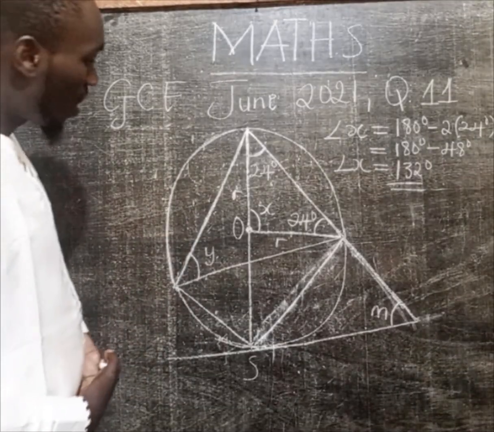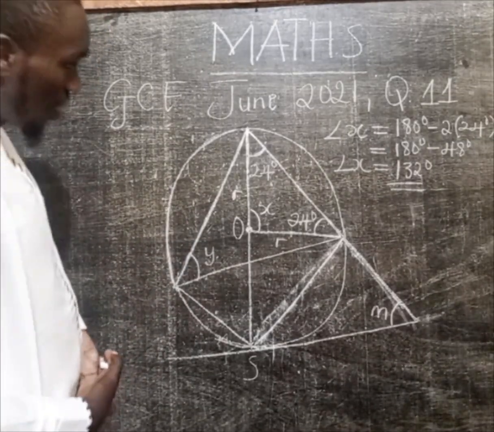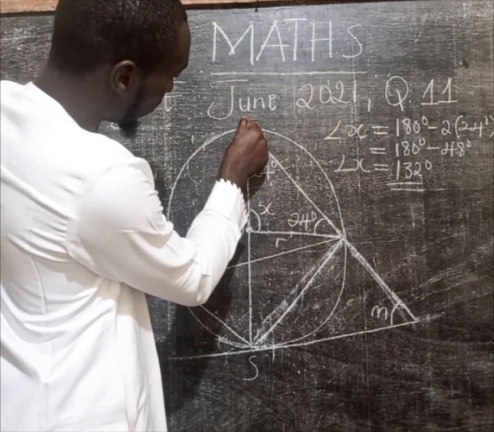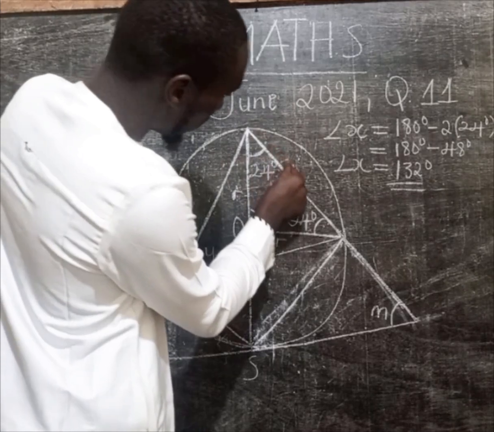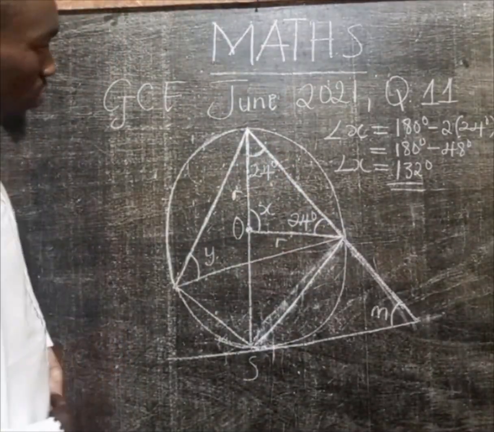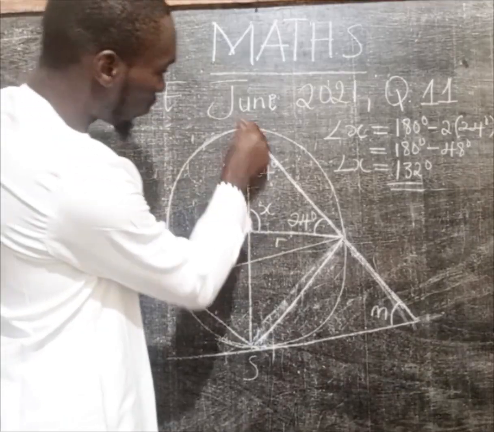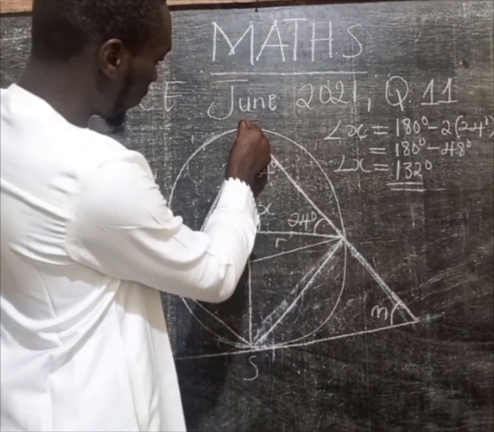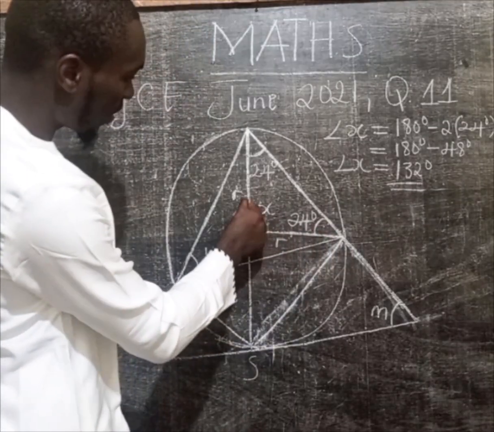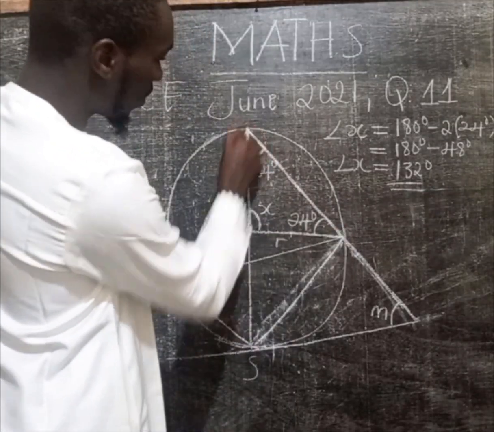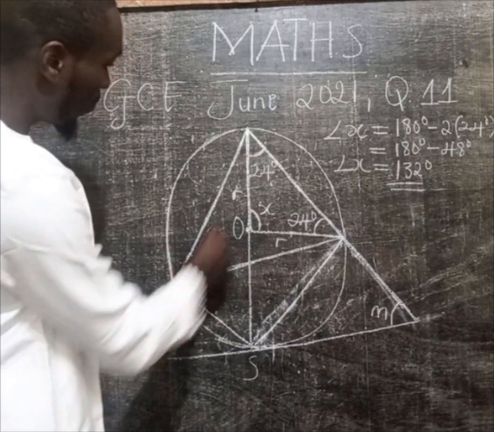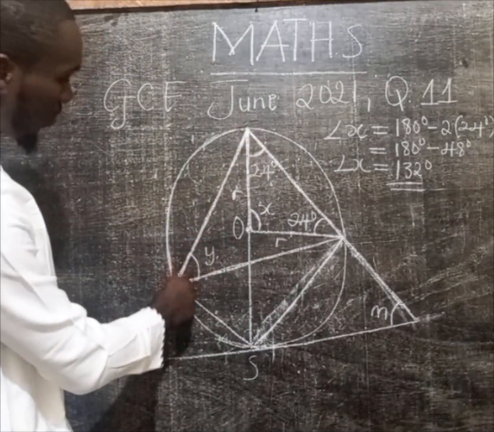Now let us move to angle y. Looking at angle y, if you look at this length, you will notice that it represents a chord of the circle. You see that this chord forms an angle at the center. This angle x is formed by this chord, and the same chord has formed another angle y at the circumference.